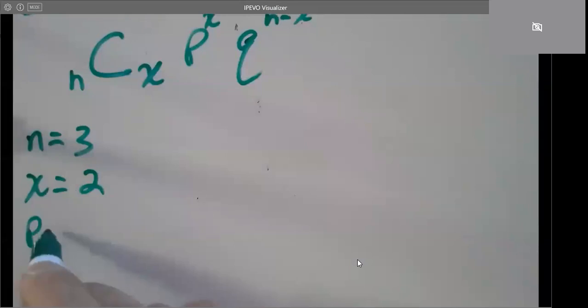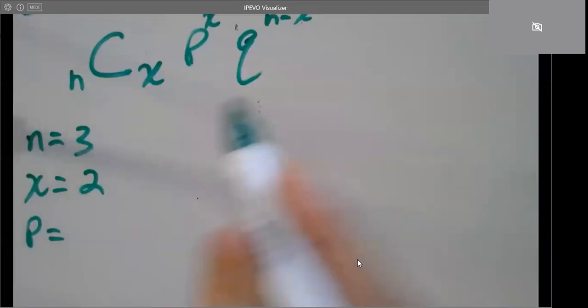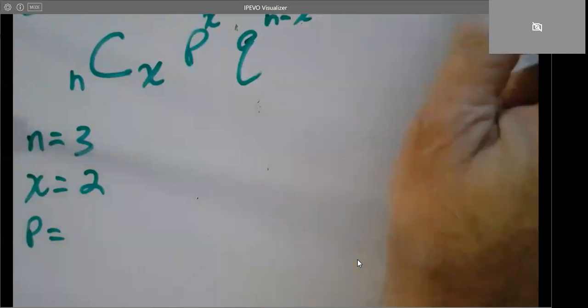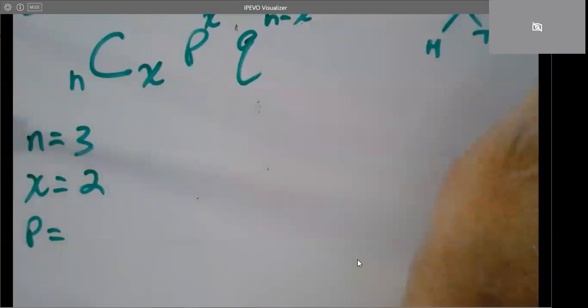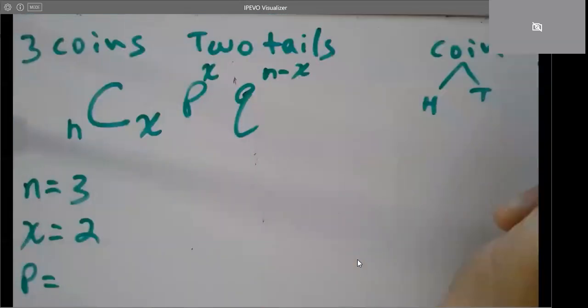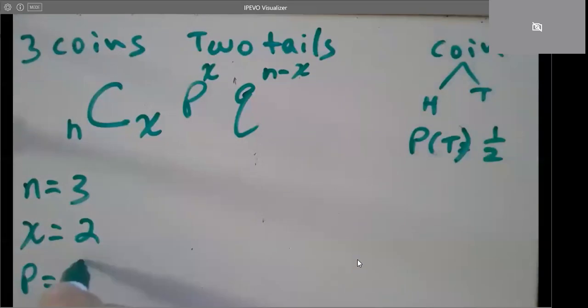The probability of success, getting tails: well, a coin has either heads or tails, so the probability of getting tails in this case is 1 over 2.